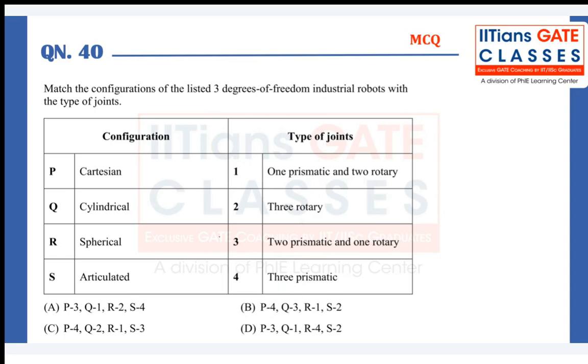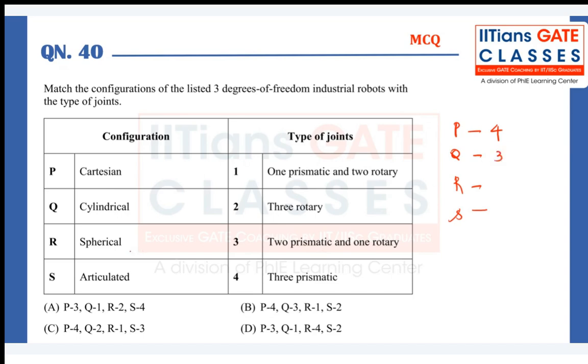Now what we need to understand: Cartesian is produced with three prismatic joints. So here P, Q, R, and S. Cartesian is three prismatic joints, so P4. Now cylindrical is obviously produced with two prismatic and one rotary, so Q3.